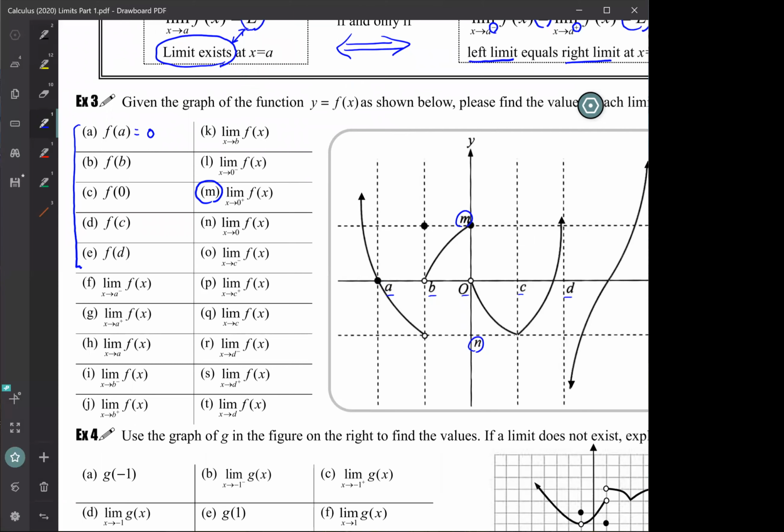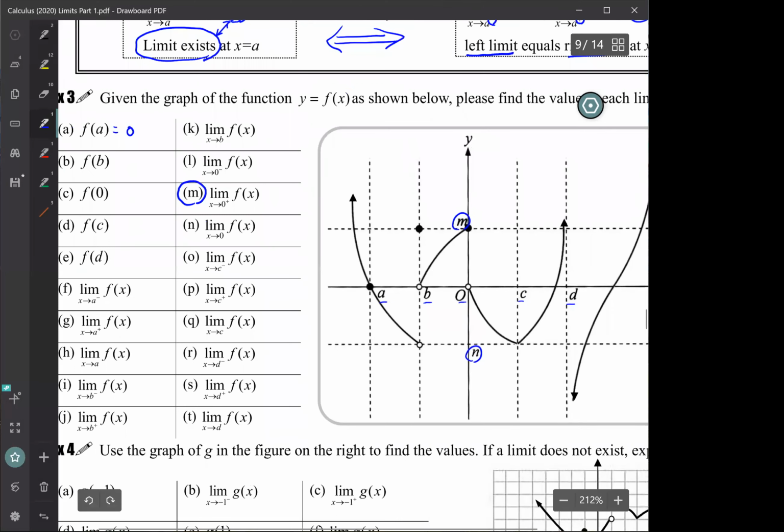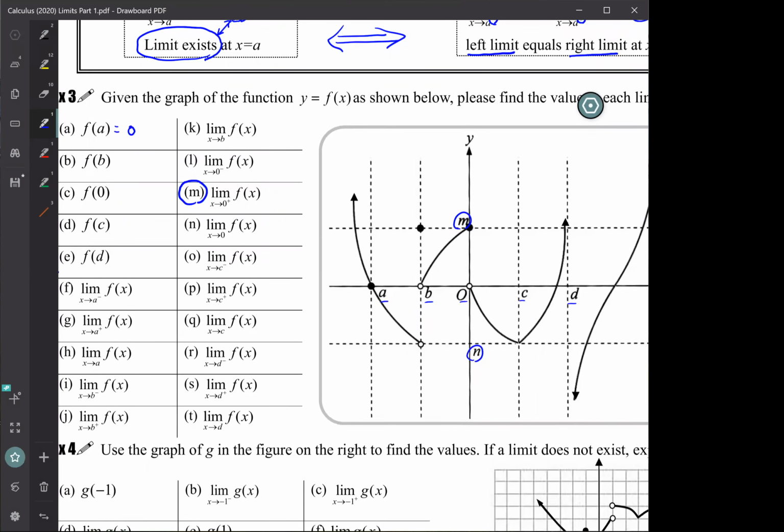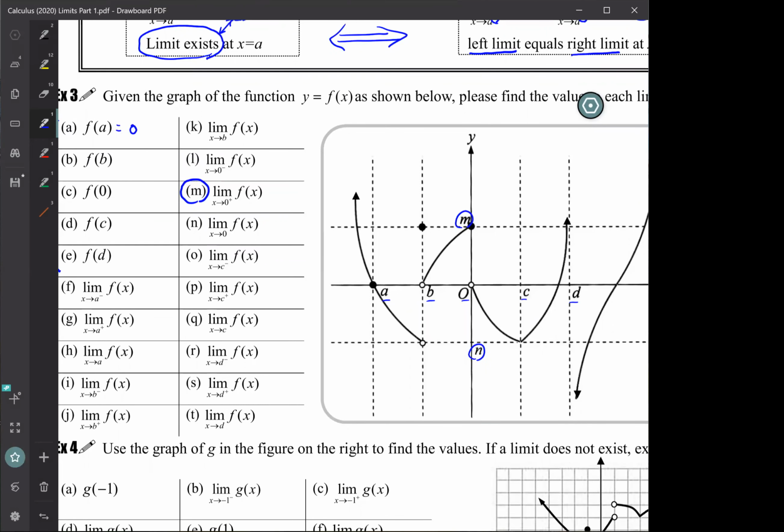Right side. Yeah, right side. Approaching 0 from the right side. So 0 is right in the center, right? And then you want to be very close to 0 from the right side. So you look at the graph on the right side of 0, it will be here. So you go down, it will be here.